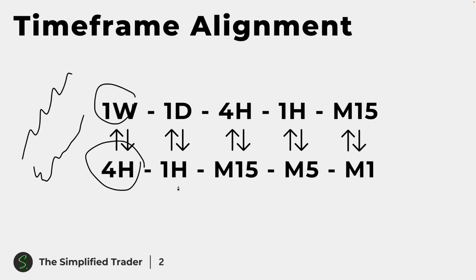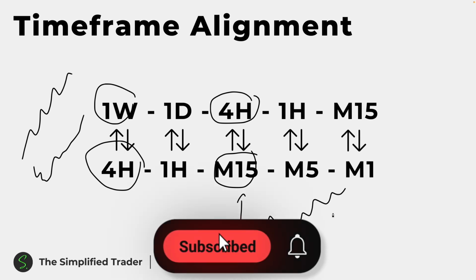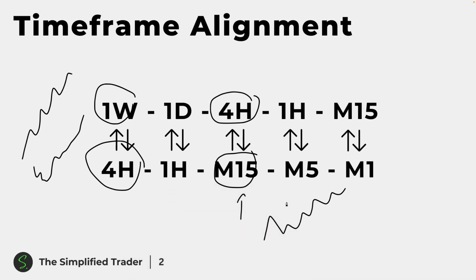Now, if you want to use a lower time frame than the 4-hour to take your entries, we are going to use the 15-minute time frame. So if the 4-hour is bullish, we are going to wait for the 15-minute time frame to align to the 4-hour as well and also be bullish. That is when we can take a trade.